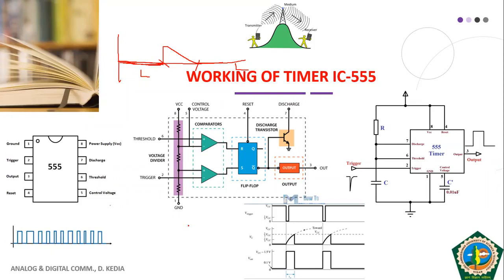In case of IC555, we have two comparators, and we know what the job of a comparator is. The job of the comparator is to compare two input signals. So this comparator has one positive input and another negative input.